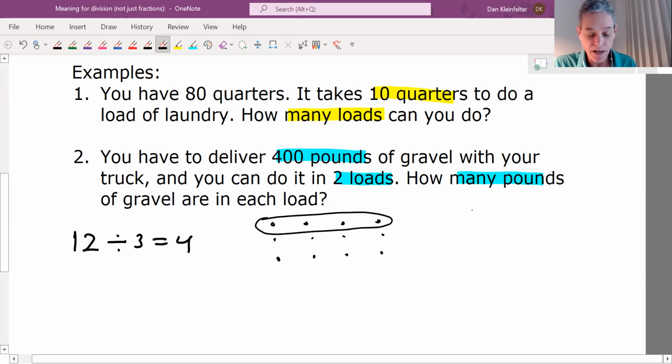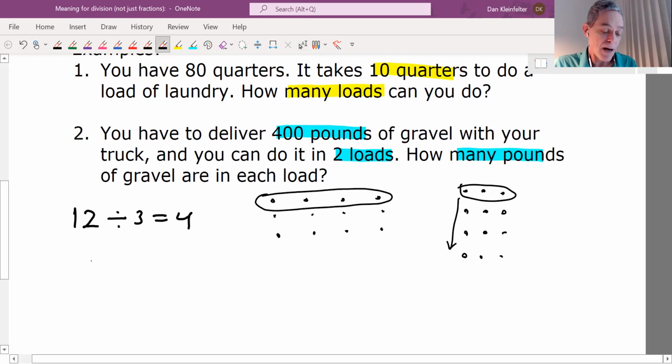If I had drawn the picture the other way around, we still would have 12 dots, and we could say we're putting 12 into 3 groups, each of which has size 4, or we could say that we're putting 12 into groups of size 3, and we have 4 such groups.